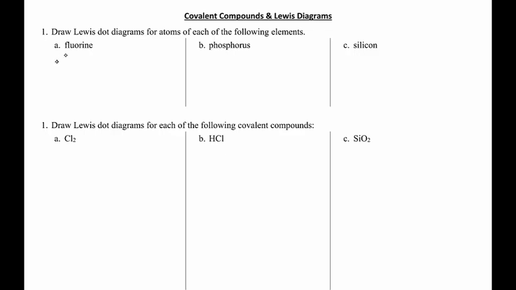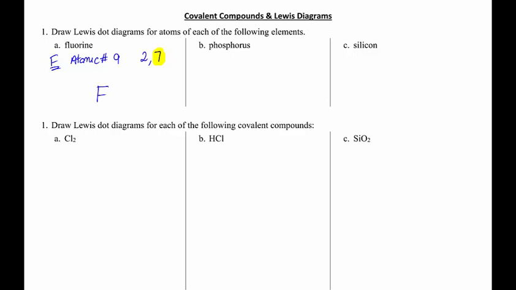So fluorine, if you look up the periodic table, you will see that the atomic number of fluorine is 9. So in looking at electron configuration, we'd have 2 electrons in the first energy level and 7 in the second. And this 7 is what we want to represent in the Lewis dot diagram.